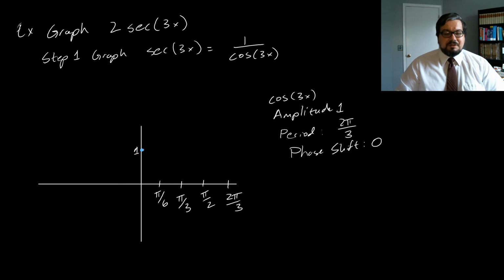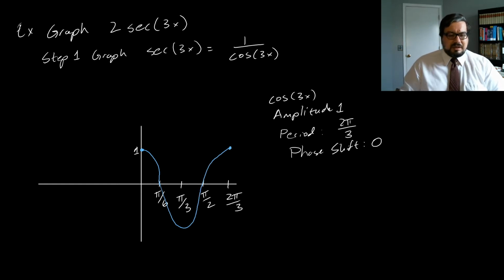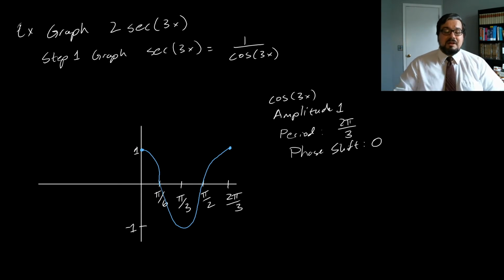So we have that the graph of cosine is going to look like this, because a single period of cosine forms this pattern where we start up on top, come down, hit the bottom, then come back up.